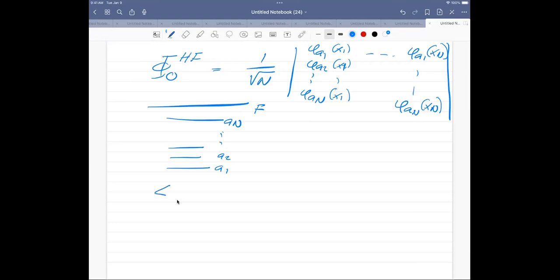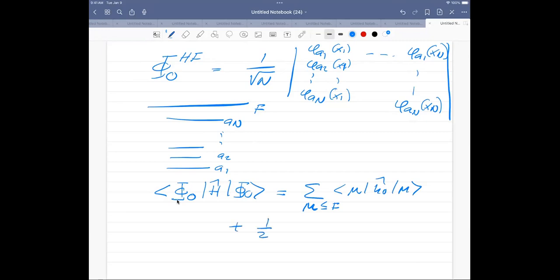So we can actually calculate the expectation value of the energy with the original basis. And we know the expression for that because we've shown it. This is going to be given by a sum over the basis, where this now runs up to the Fermi level: the sum of mu of H0 of mu, plus 1/2 the sum of mu nu, then mu nu V of mu nu, and this is the anti-symmetrized result.